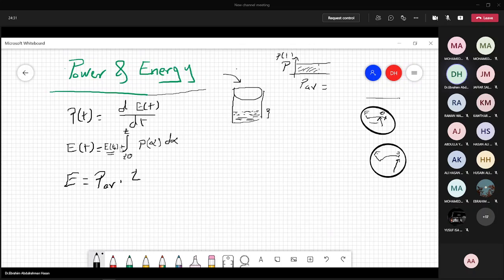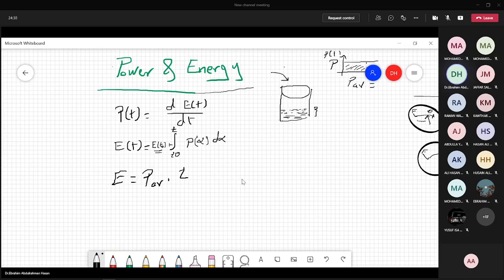So in general, energy is equal to the area under the curve of P. Remember this.